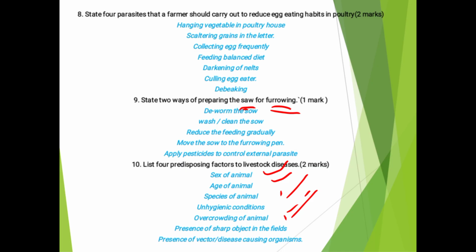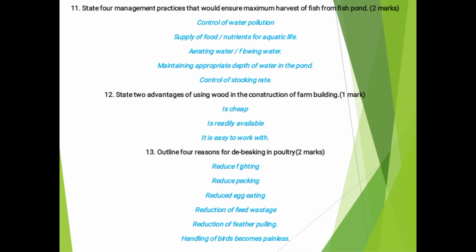And then the presence of sharp objects. Remember, sharp objects will end up either piercing or cutting through the animal's body. And then we have others like presence of vectors or disease-causing organisms. So those are some of the predisposing factors of livestock diseases. Okay, next question.